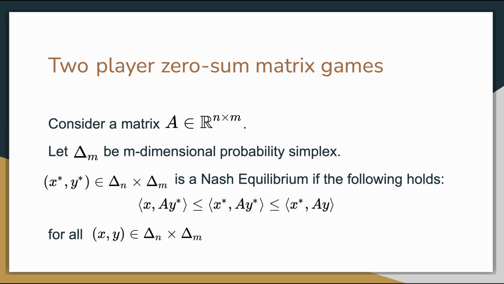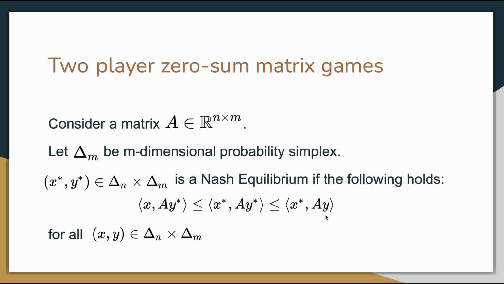Then, in a two-player zero-sum game, a pair (x*, y*) is said to be a Nash equilibrium if the following inequality holds true. If you take any pair (x, y), then the inner product x^T A y* would be less than the inner product x*^T A y*, which would in turn be less than x*^T A y.